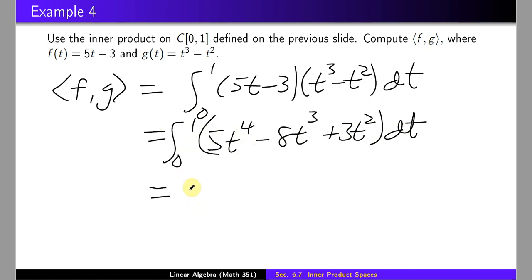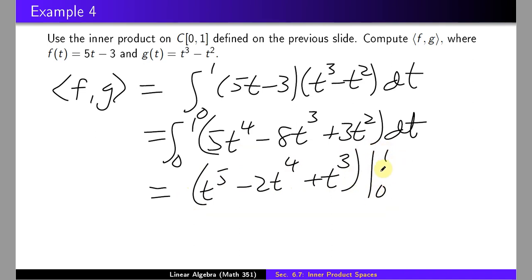And if you take these antiderivatives, you get 5t to the 5th minus 2t to the 4th plus t cubed, evaluated from 0 to 1. If you plug in the limits of integration, you end up getting 0 out of this.